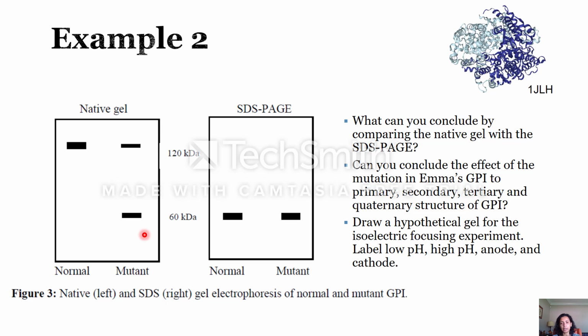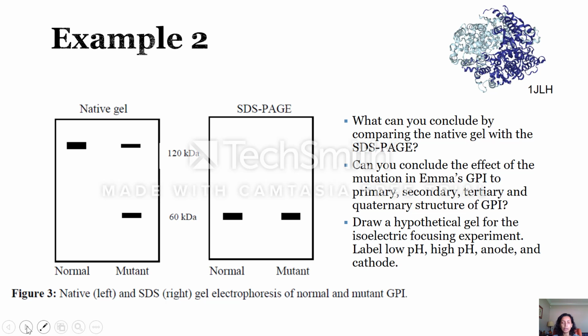They identify that because glucose 6 phosphate is accumulating due to the deficiency of GPI in Emma's red blood cells, the pentose phosphate pathway is upregulated, and that's why some of the intermediates are accumulating. They can figure that out, making those connections.